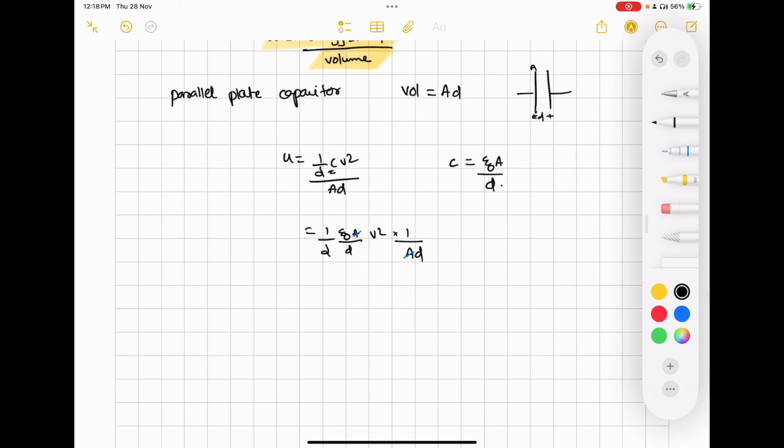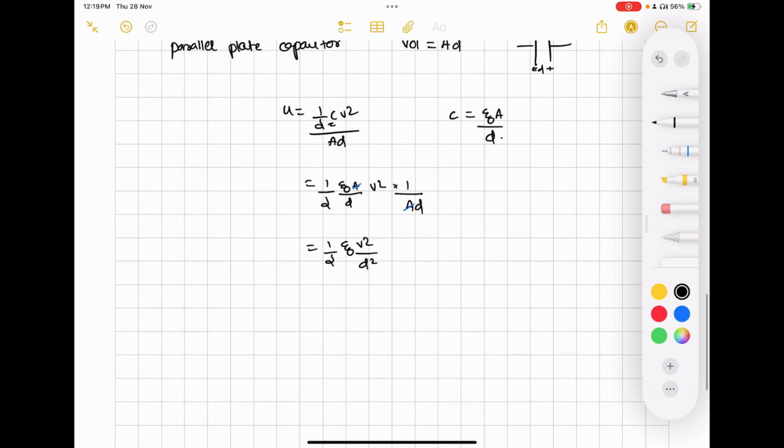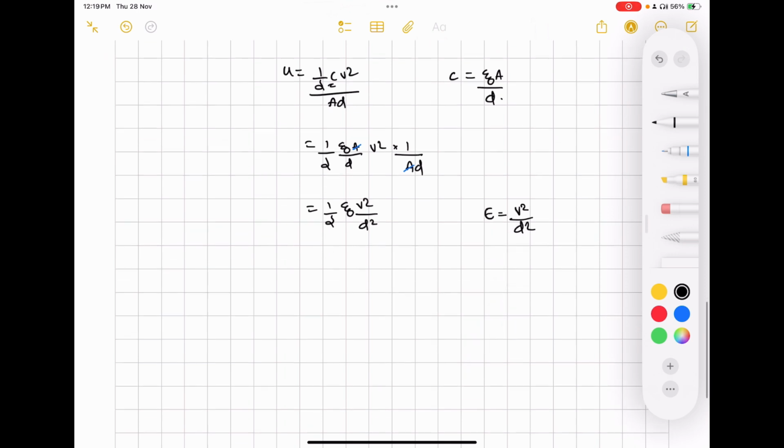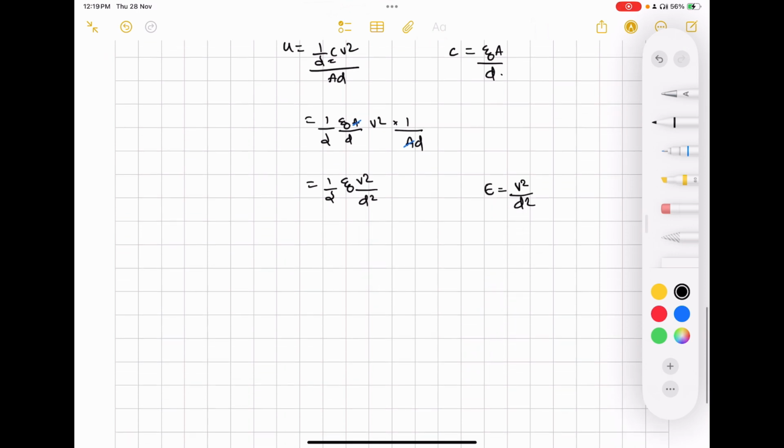And so we can write it as half epsilon 0 V square divided by D square. We know that the electric field E is equal to V by D, so E square is V square by D square. We can substitute it here.